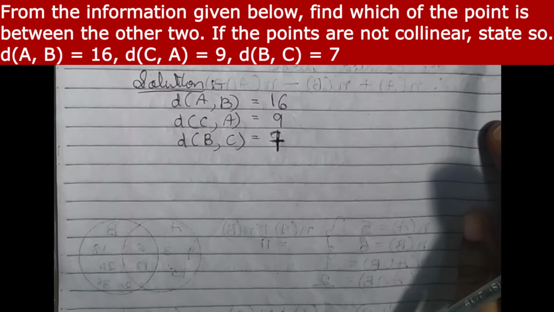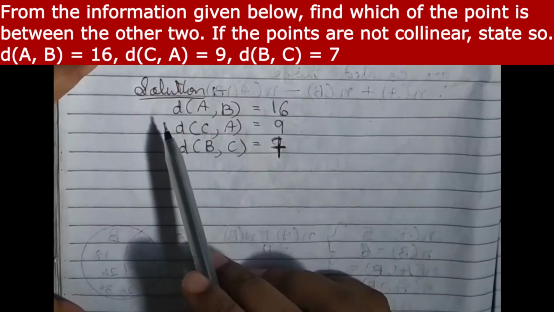Distance AB is equal to 16, distance CA is equal to 9, and distance BC is equal to 7. From this information we have to find which point is between the other two, and if the points are non-collinear then we have to give the reason why.